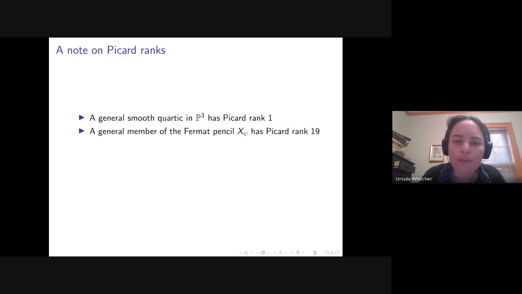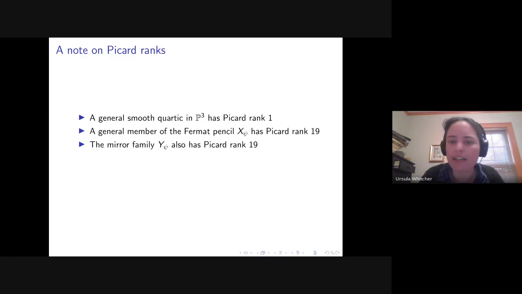So already by restricting to the special pencil, we restricted the Picard group a lot, and we got really special behavior. And the mirror family also has Picard rank 19. So somehow we have these extra relationships between the special pencil and the mirror family, although they're not the same family. Even though they have the same Picard rank, they have different Picard groups.